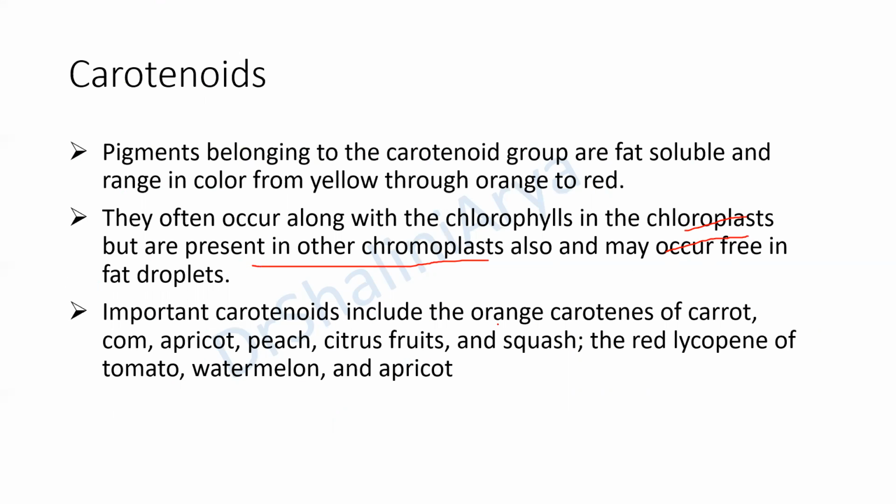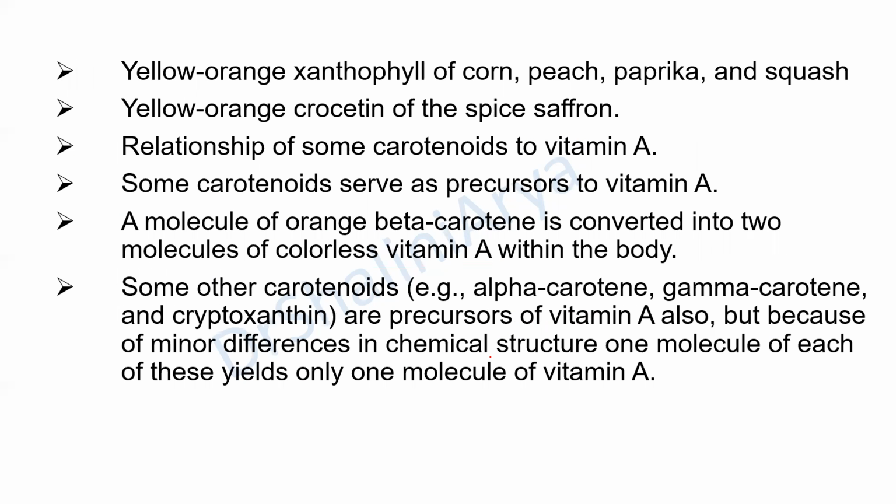Important carotenoids include the orange carotene of carrot, corn, apricot, peaches, citrus fruits and squashes, and the red lycopene of tomato, watermelon, and apricot.